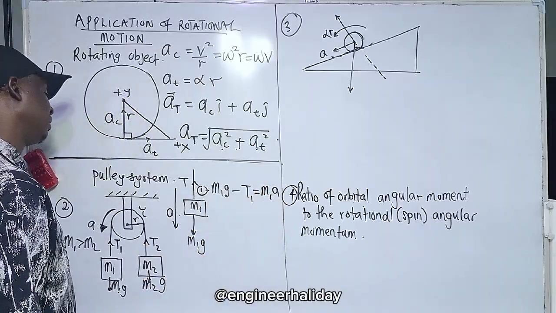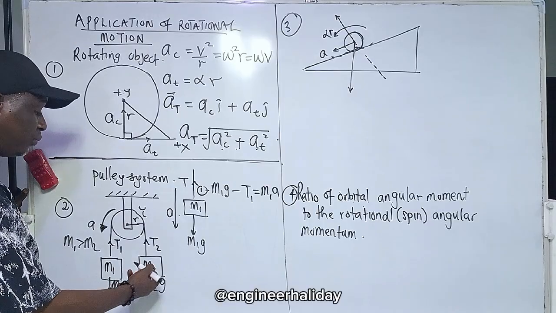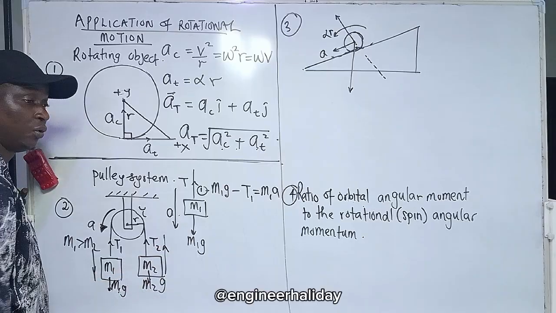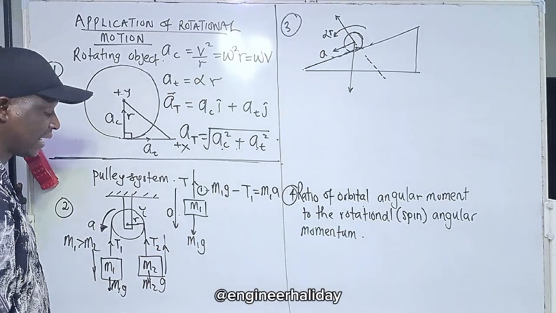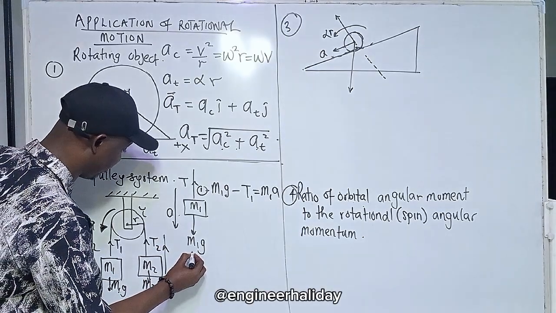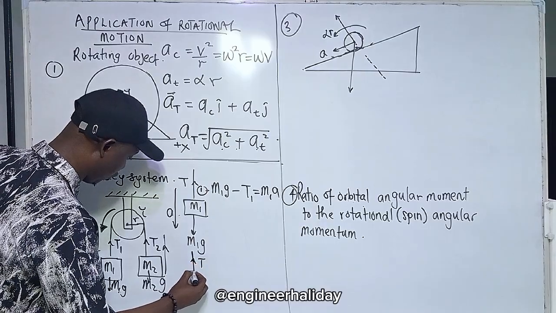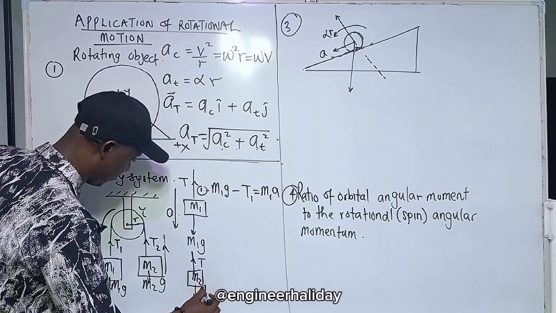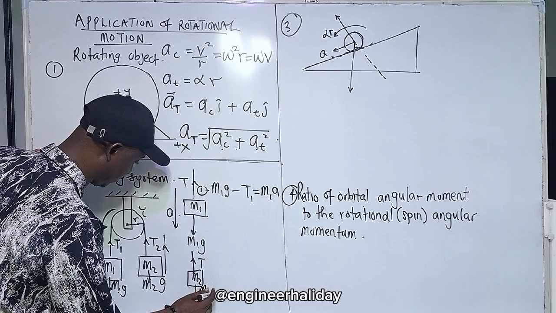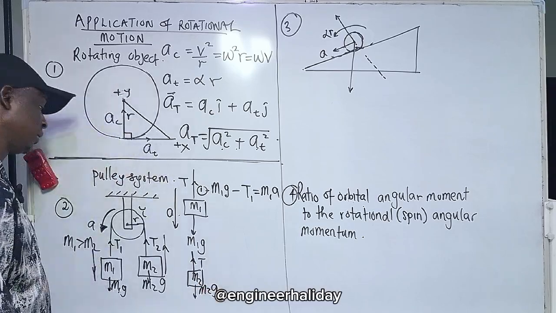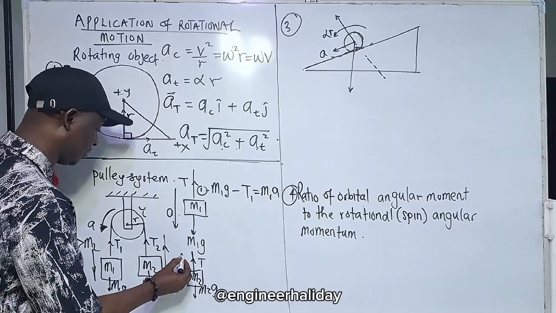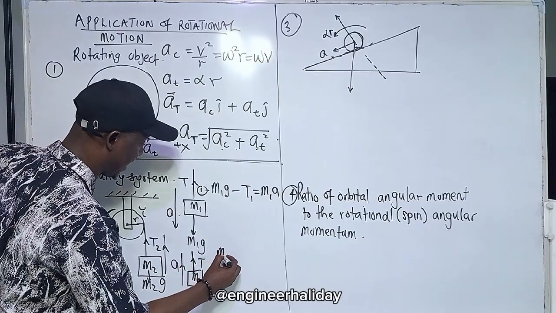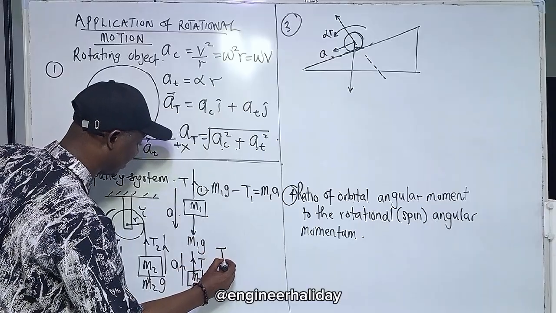Then the opposite will happen here, because this acceleration is going up while the other is going down. So for the second one, we have the tension going up on mass M2, then the weight M2g. Since the body is accelerating upward, the tension is higher.